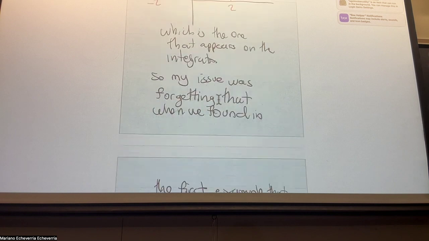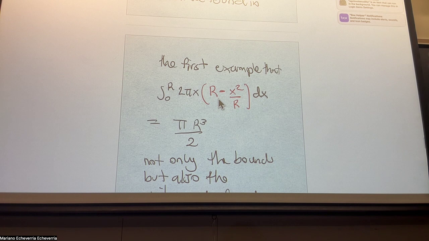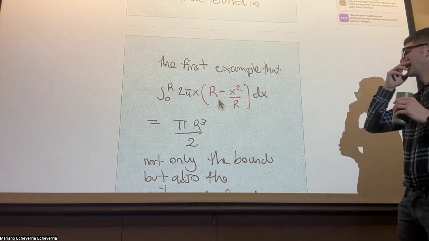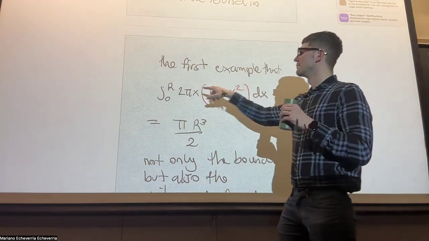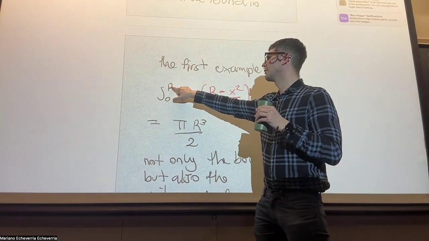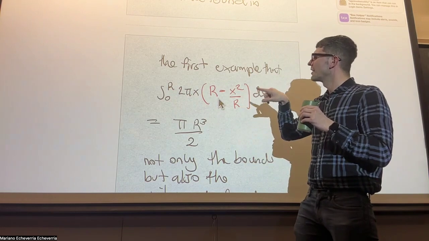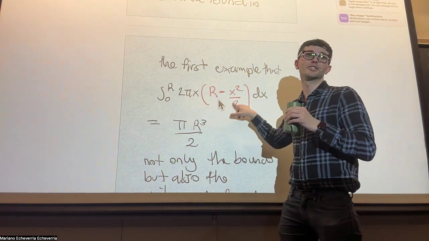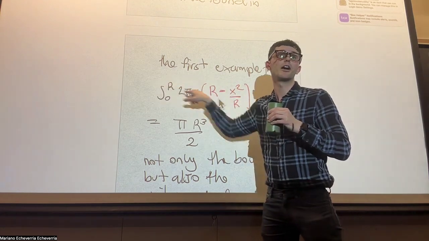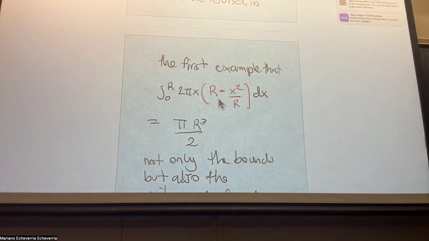But let me see where I wrote it better. The thing that I forgot in that example is that I wanted to put root of 5 minus 1 here, but both the bounds and the function itself depend on R, right?